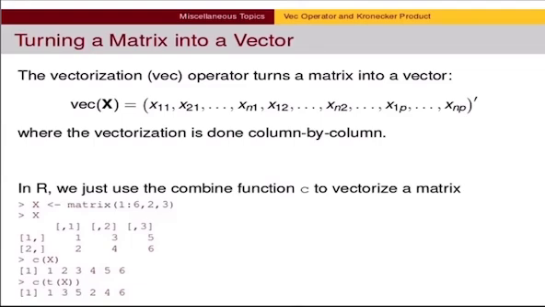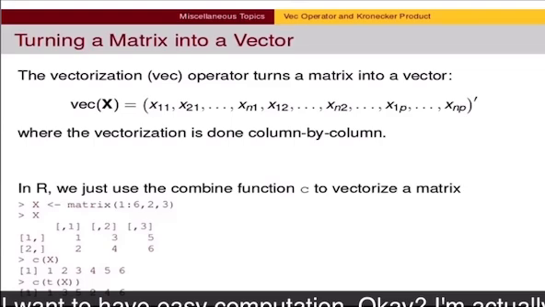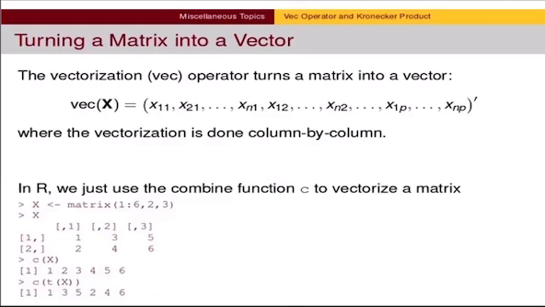Number one reason why we turn a matrix into a vector is for easy computation. I'm actually going to turn matrix algebra into linear algebra in a vector form, because operations involving matrices are very difficult to undertake. That is why we need to vectorize them. I'm going to give you so many reasons.